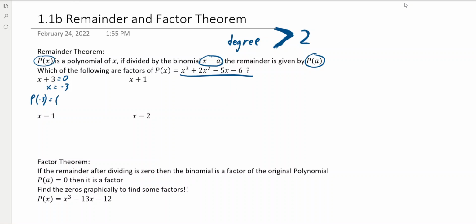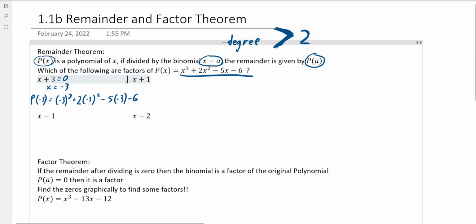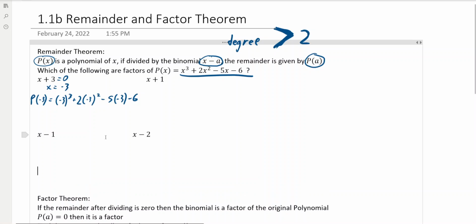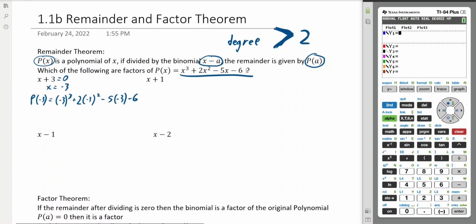So negative 3 cubed plus 2 times negative 3 squared minus 5 times negative 3 minus 6. Okay, and maybe let's give a little bit of extra space here to work with. So let's plug this into our calculator and see what we get.